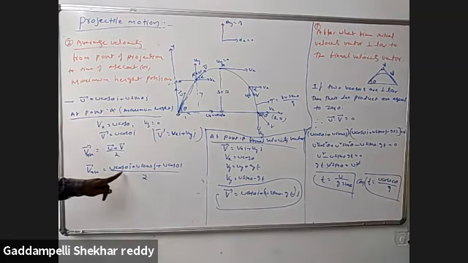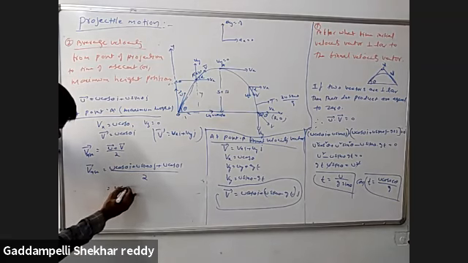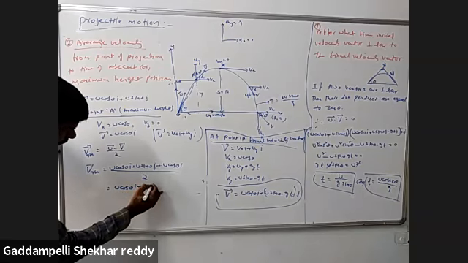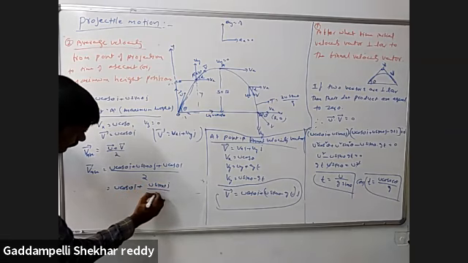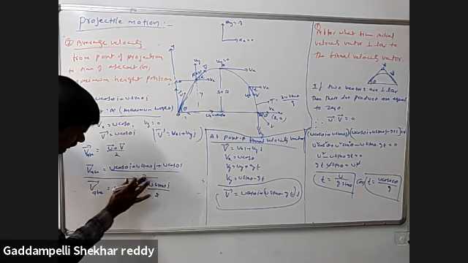So here u cos theta i plus u cos theta i is 2u cos theta i, and the 2 gets cancelled. U cos theta i plus u sin theta j by 2. Like this is the V average vector.